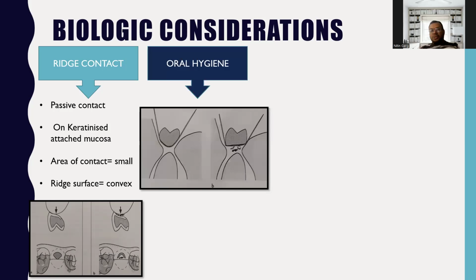Coming on to oral hygiene, the patient should be able to easily clean the prosthesis. They should be able to floss or rinse so that there is no food entrapment or poor oral hygiene because of the prosthesis.